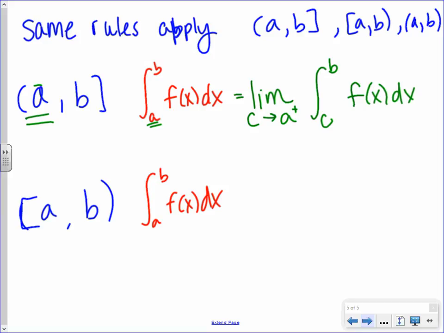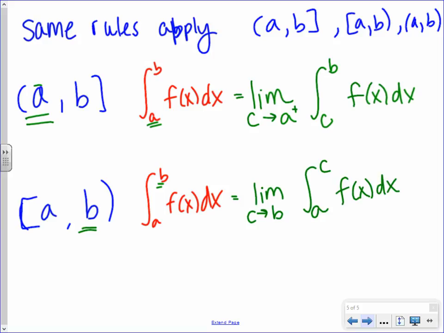So when we make this integral, since B is where our discontinuity is, we would replace B, and we would have to make a left-hand limit because the values in our interval are all to the left of B. We all know how to evaluate left and right hand limits, right?